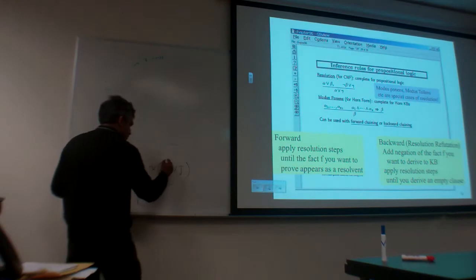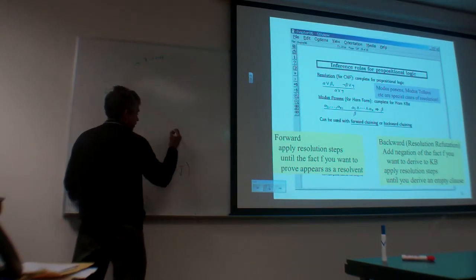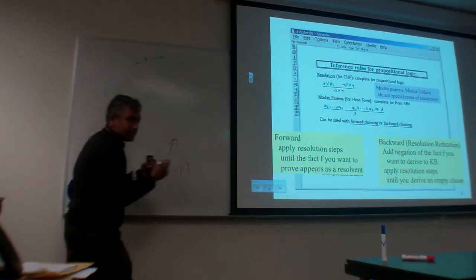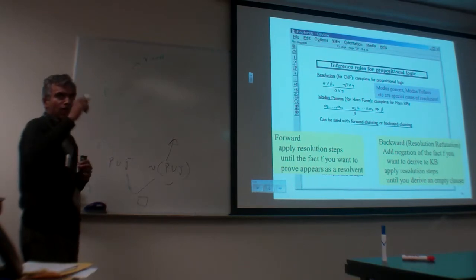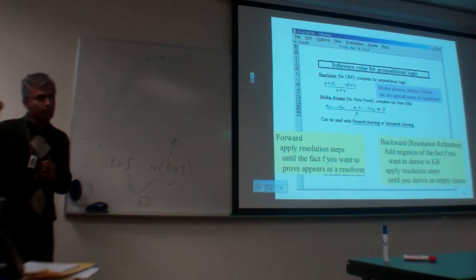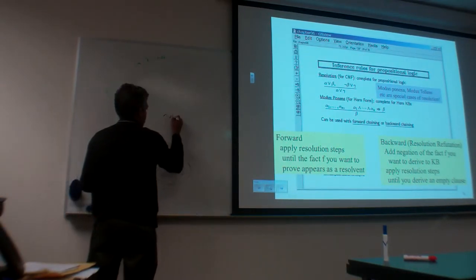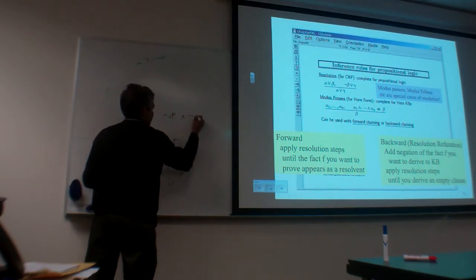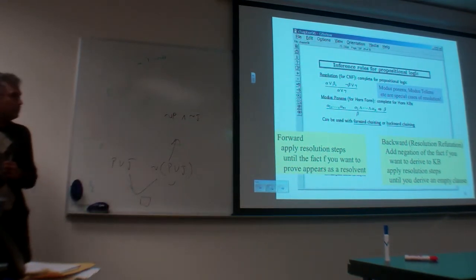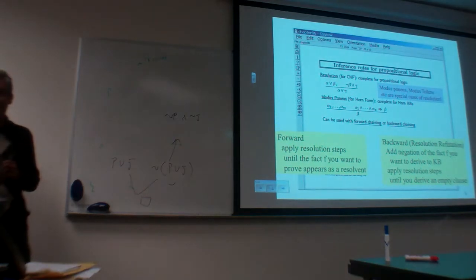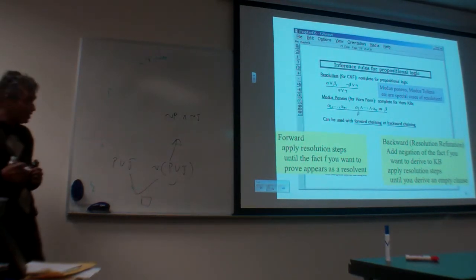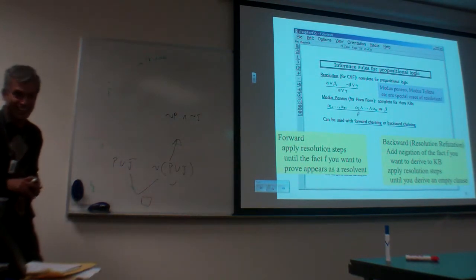So instead of this, you would have gotten something which puts the negation in. So not of P or J can be written as not P and not J. But not P and not J is also not a clause. However, it is two clauses. Right?